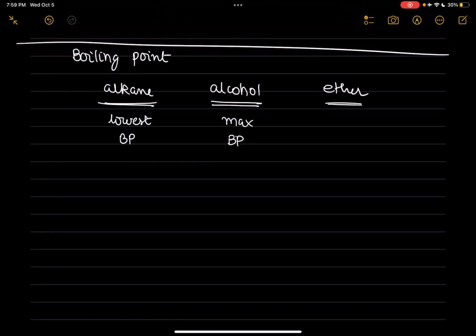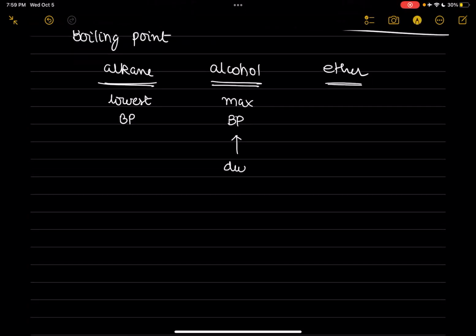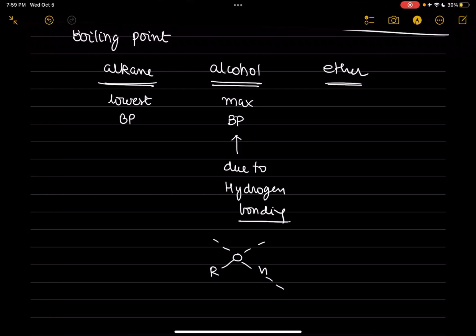So why are the boiling points of alcohols higher? What's the reason, Arshan? It is due to hydrogen bonding, because OH is there in alcohol, not with the R.